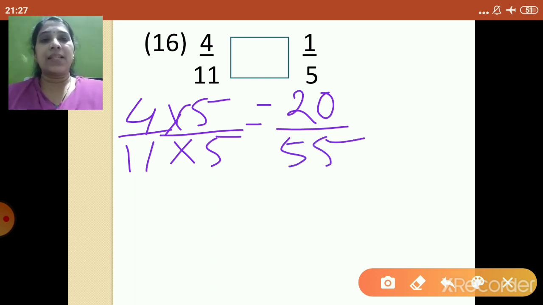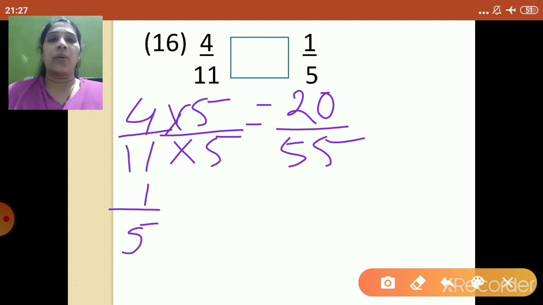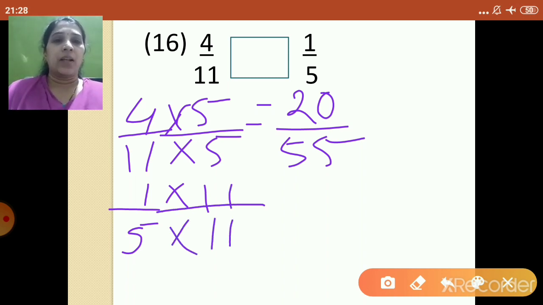So now let's take the other fraction, 1 upon 5. So we are going to multiply it by the other denominator, that is 11. So 1 into 11 upon 5 into 11, so 1 11s is 11 and 5 11s is 55.